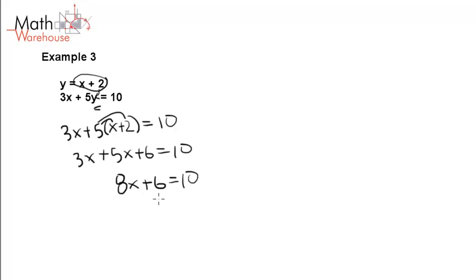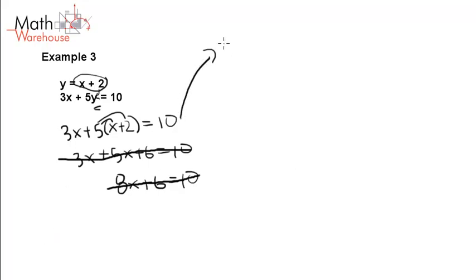Subtract 6 from both sides. Oh, whoops, made a silly error I see here. I said 5x, that was good, but 5 times 2 in the normal world of math is, alas, not 6. So let me take a few steps back here. Sorry about that.